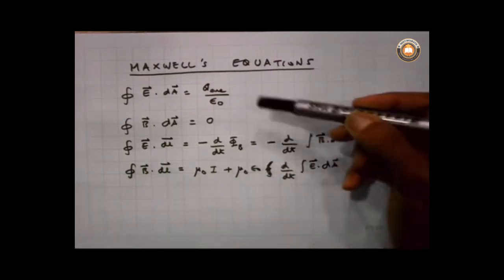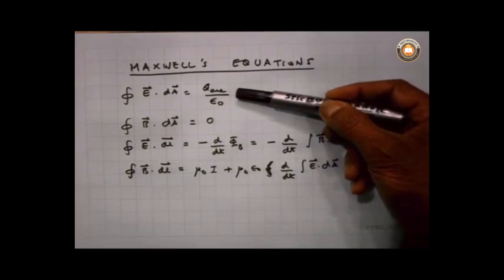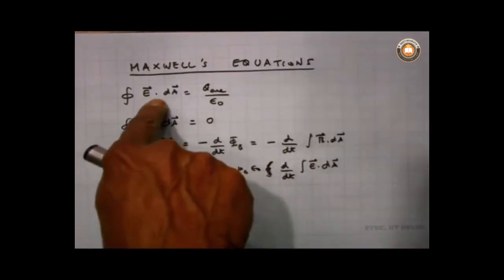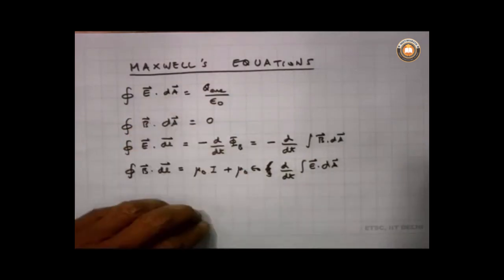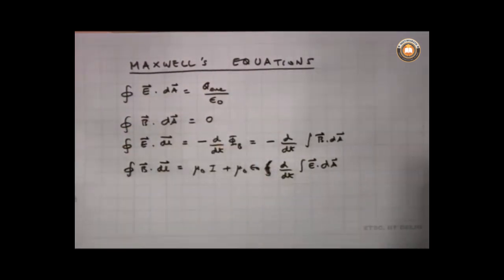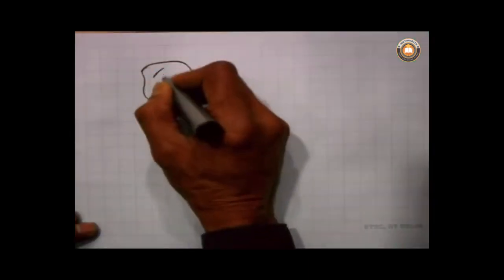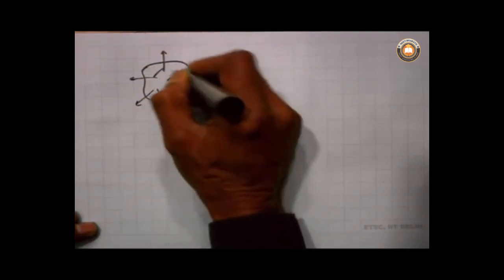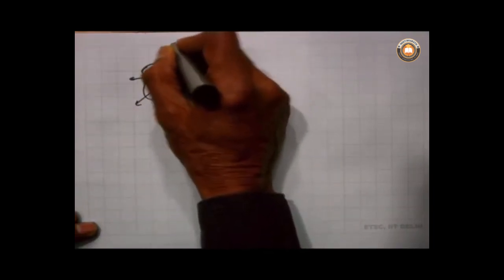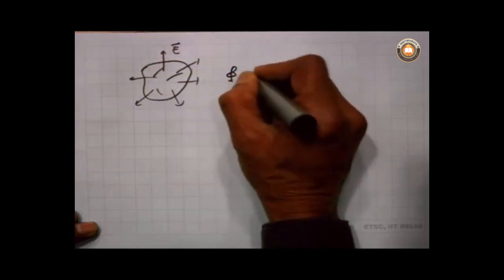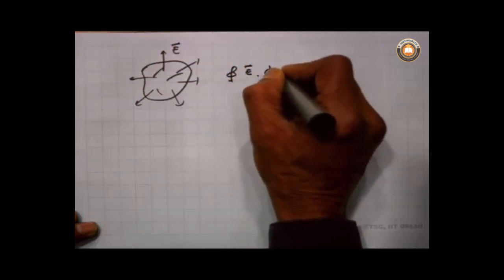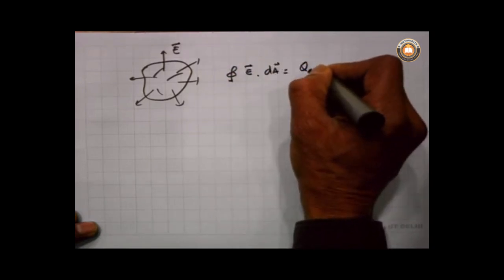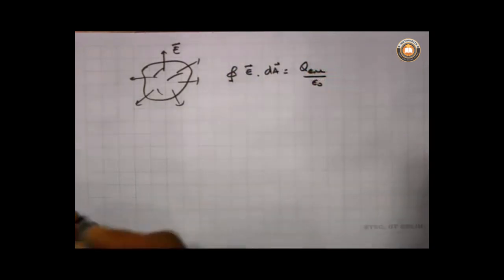This is nothing but Gauss's law, which we used right in the beginning. It tells me that the flux of electric field must be equal to the charge enclosed divided by epsilon 0. Let me draw a figure here. If you take a surface like this, then the electric flux coming out of it, these are the E fields, integral E dot dA, is equal to the charge enclosed divided by epsilon 0.